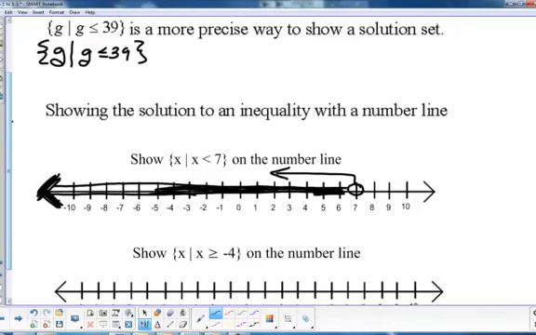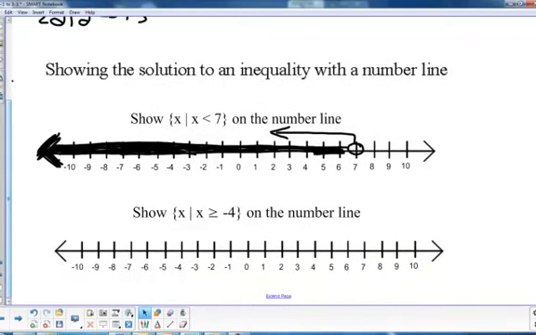I'm going to go with the arrow above after this for obvious reasons. We have that 4 is part of the solution.